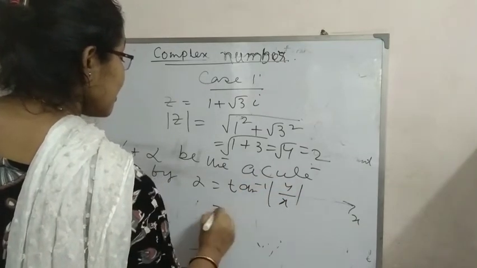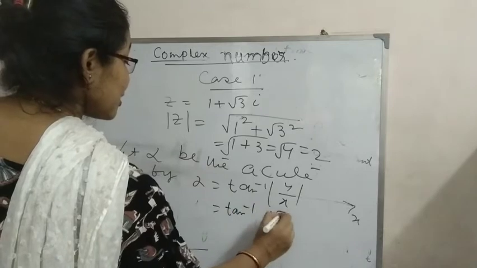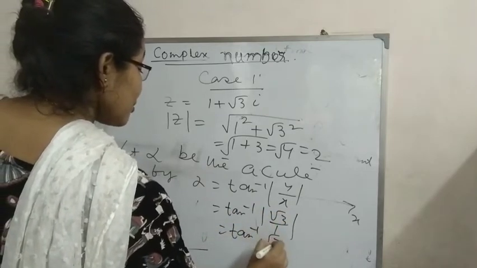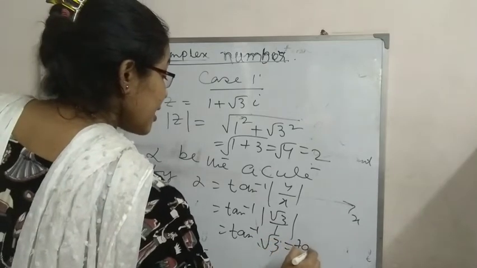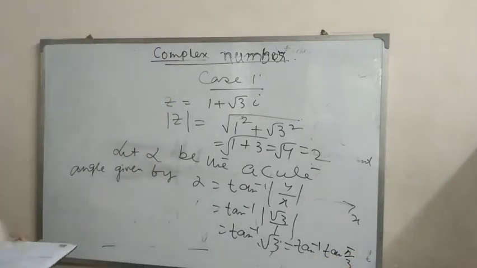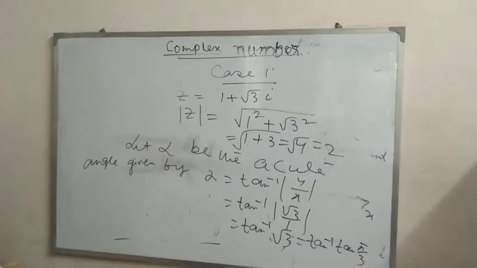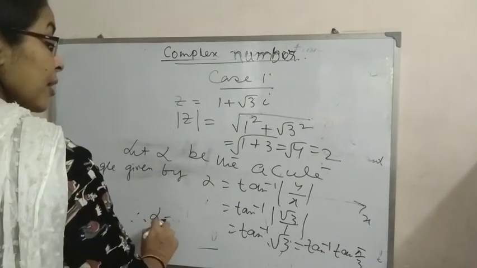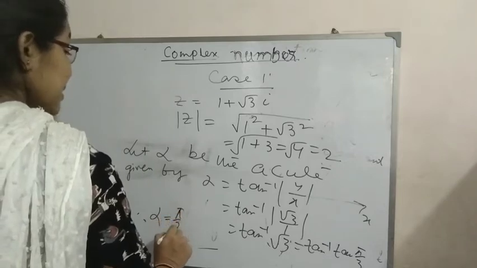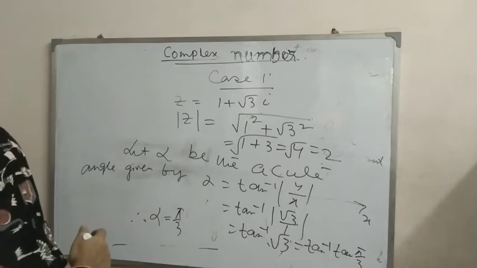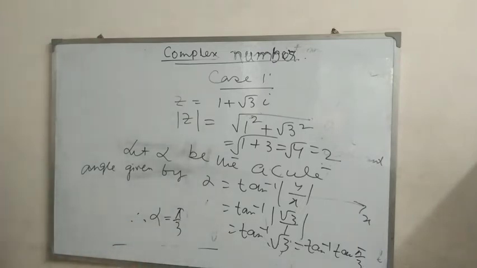Here y by x equal to root 3 by 1, so tan inverse root 3, that is tan inverse tan pi by 3. Therefore alpha equal to pi by 3.